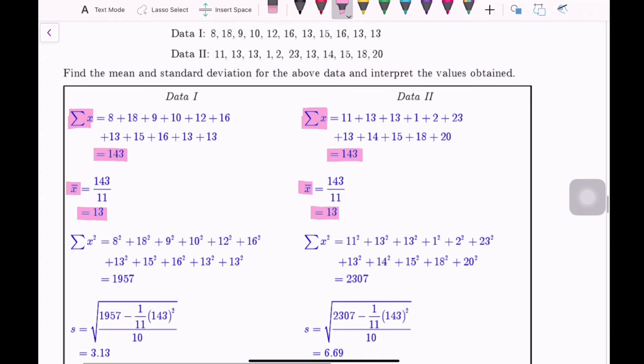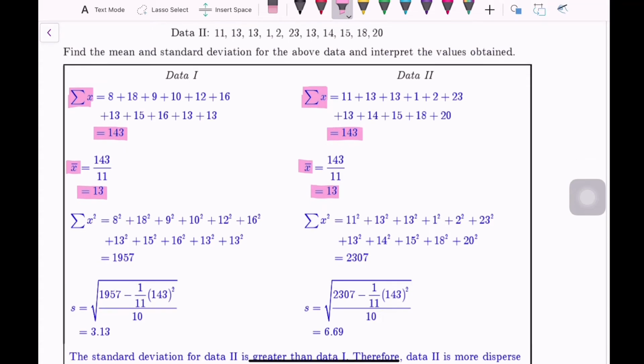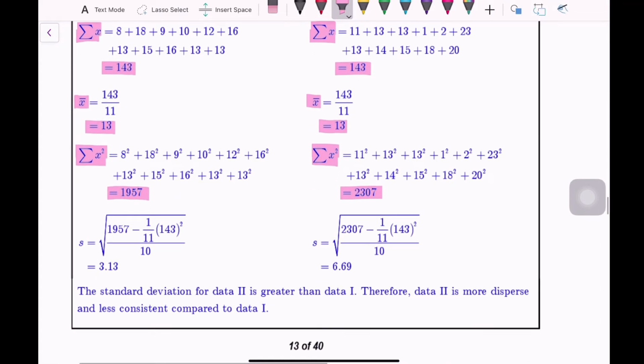Then, to find the standard deviation, we find the sum of x squared for both data. For the first data it is 1957, for the second data it is 2307. Then, by using the formula, the standard deviation for data 1 is equal to 3.13 and for data 2 is 6.69.